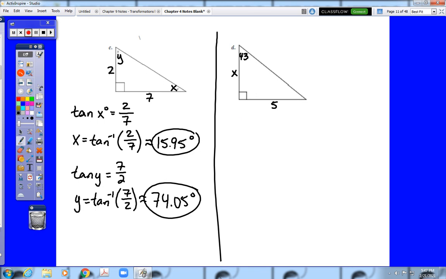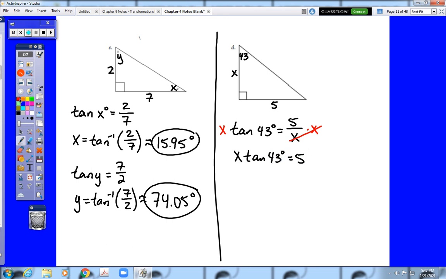On letter D, we have tangent once again. The tangent of 43 degrees is opposite over adjacent, or 5 over x. Now, we've seen a couple of these before where we were solving for a side length. Don't forget how to do that. Just because it's not an angle doesn't mean it's not something we know how to do. So we multiply both sides by x, which gives us x times the tangent of 43 degrees equals 5.